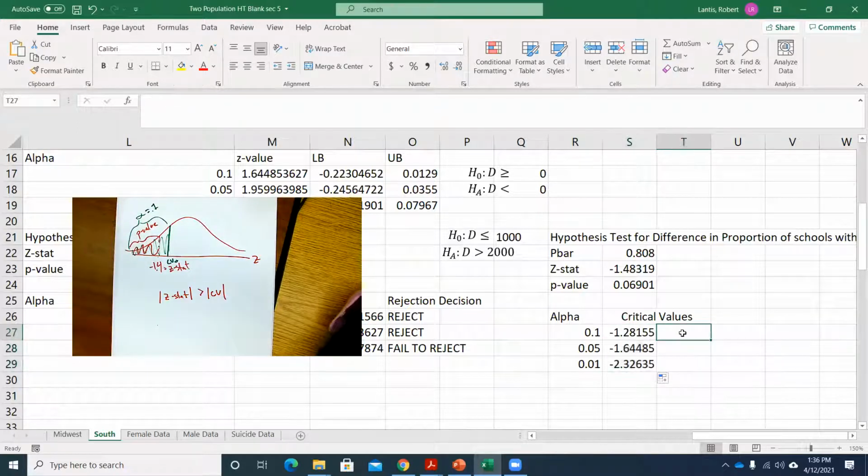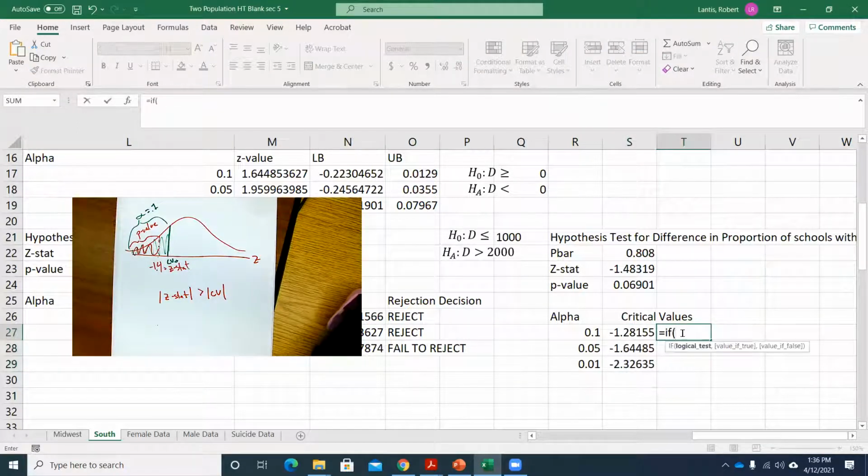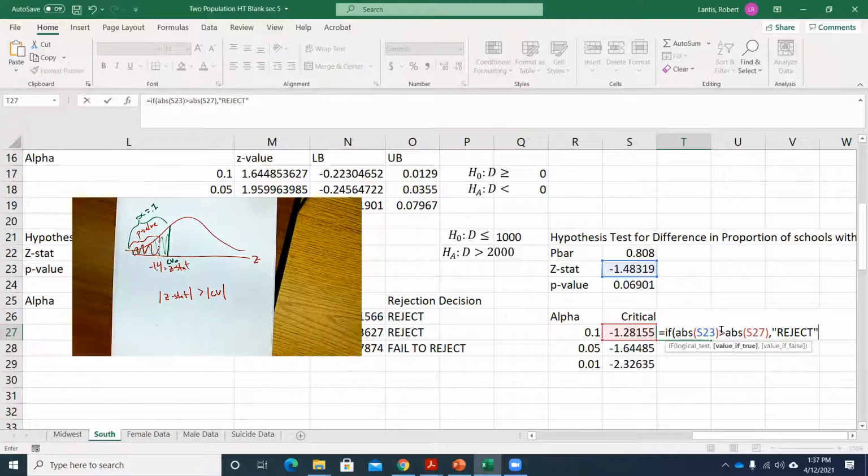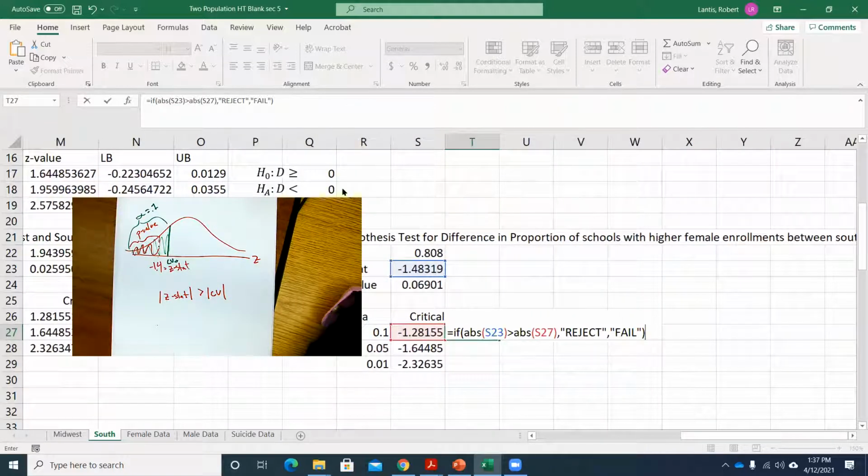So I'm going to use an IF statement. If the absolute value of my test statistic is greater than the absolute value of my critical value, comma, if that's true, put the word reject, because my test statistic is more extreme than my critical value. Comma, if it's not, I'm going to fail to reject. So I'm just making a little IF statement there.